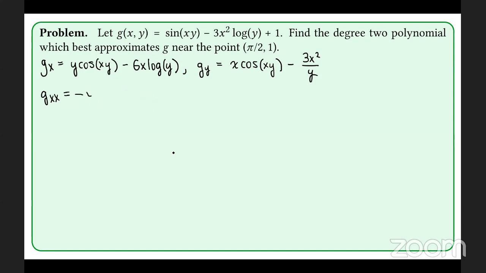So negative y squared sine xy minus 6x over y.